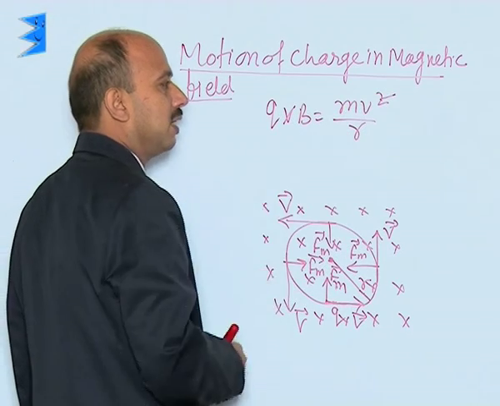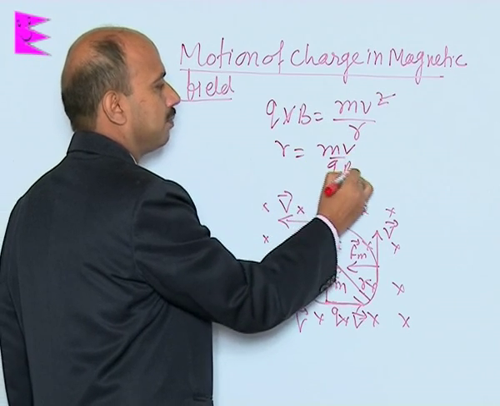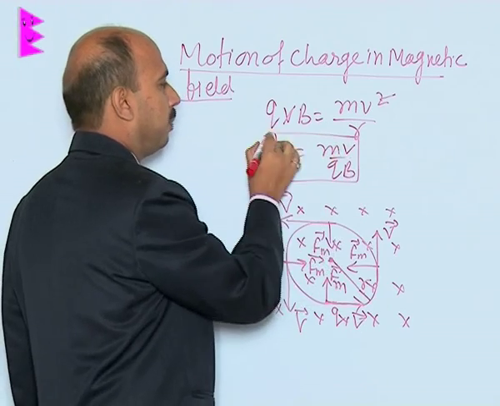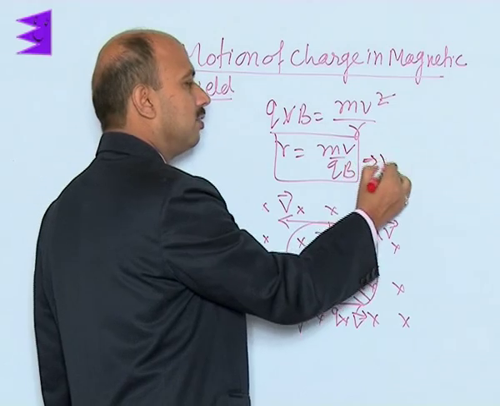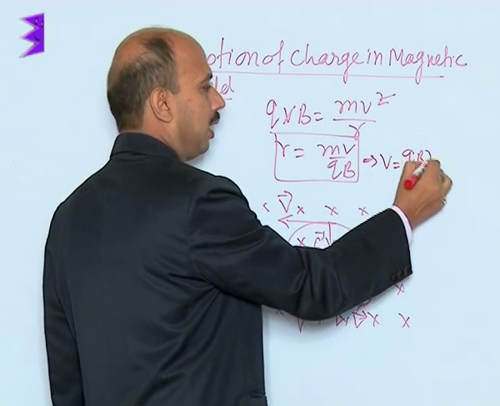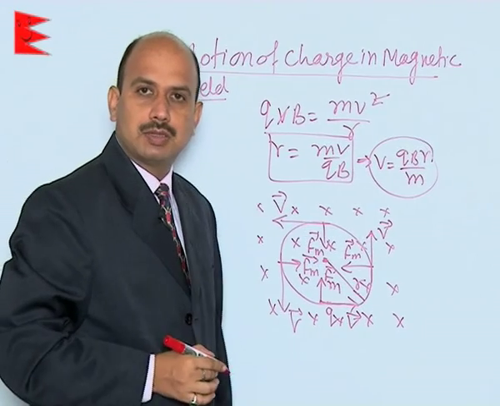This v will get cancelled. So, we will get r is equal to mv upon qB. This is the expression for the radius of the path. We can also write v is equal to qBr upon m. This is the expression for the velocity of the charged particle.